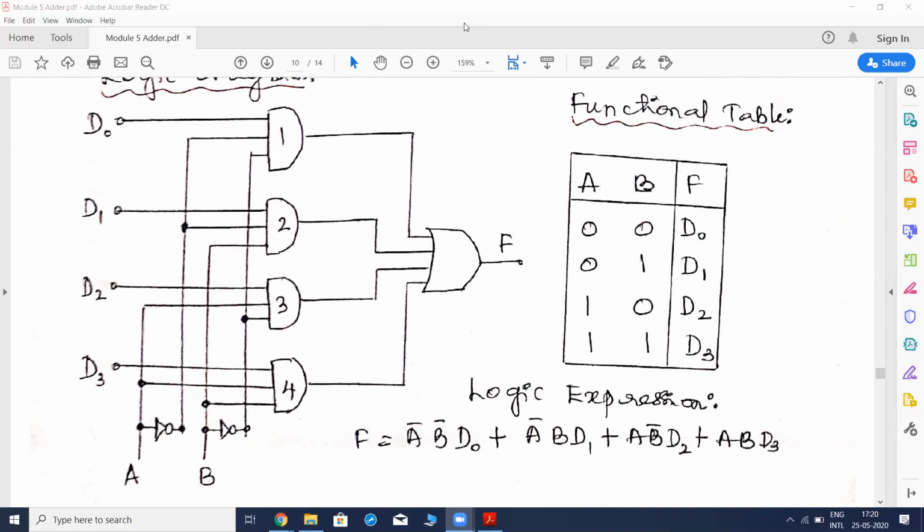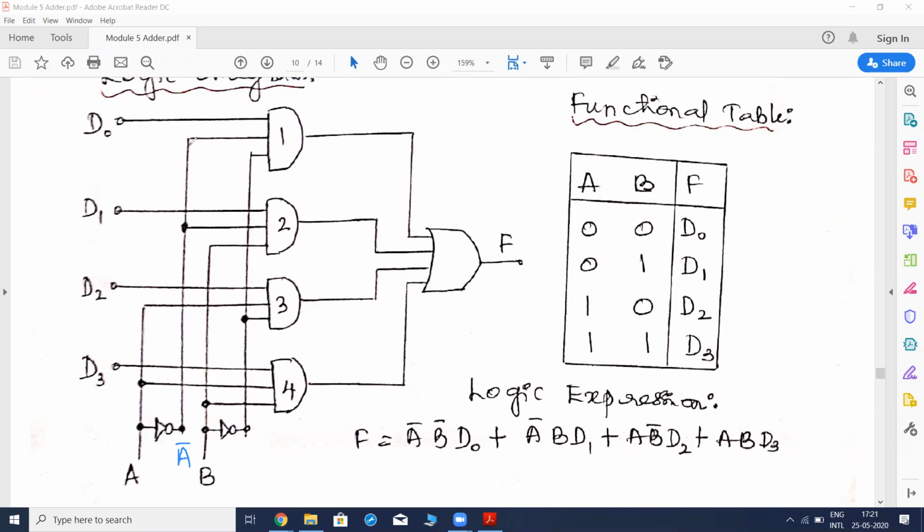Now I'll show you how it is done. First, for D0, in order to get D0, A is 0 and B is 0. Here we have the input A and it is passed through the NOT gate. When it is passed through the NOT gate, obviously we know that it is A complement that we are going to get. That means whenever we are getting zeros for A and B, we need to take the connections from over here.